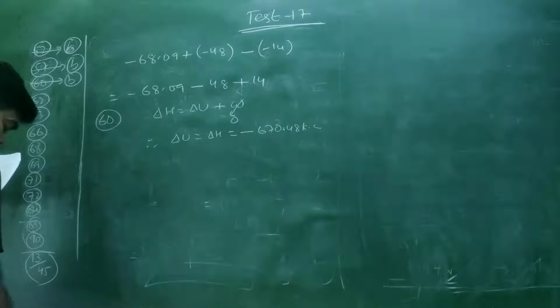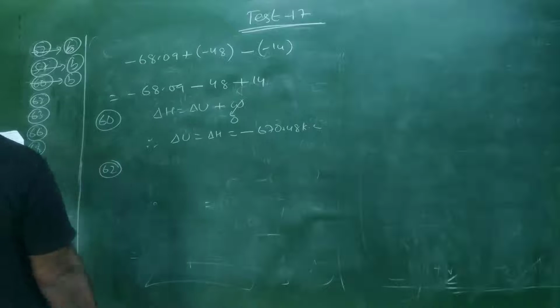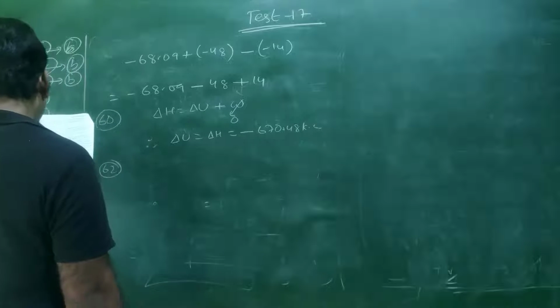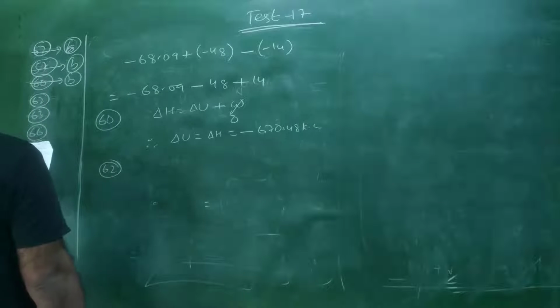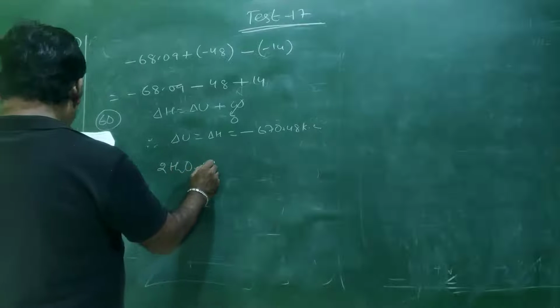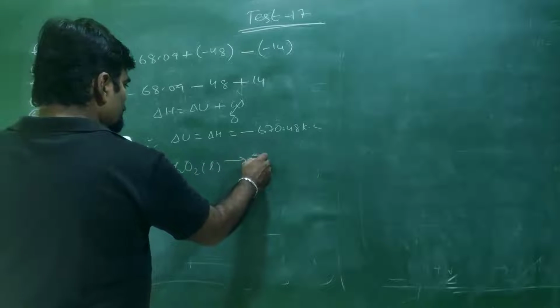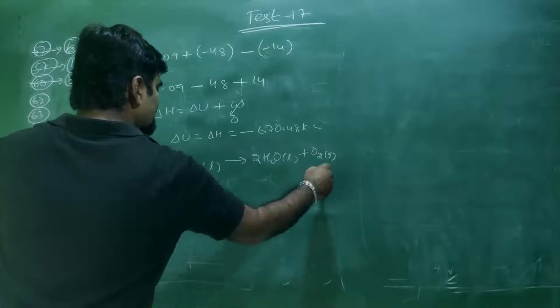Question number 62. If del H of formation of H2O2 liquid and H2O liquid are given, what will be the enthalpy change for the reaction? 2H2O2 liquid gives rise to 2H2O liquid plus O2 gas.